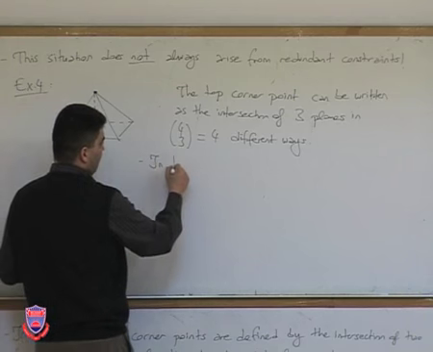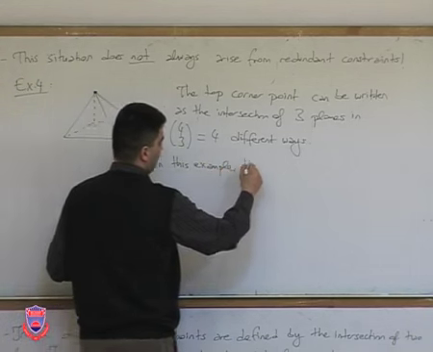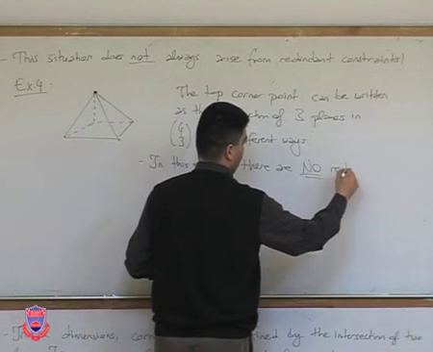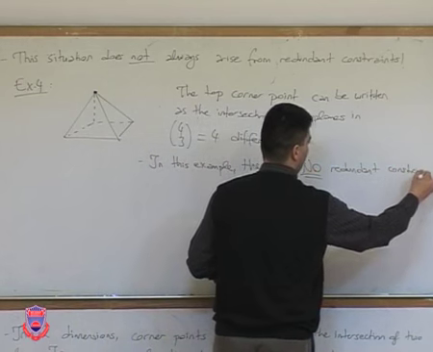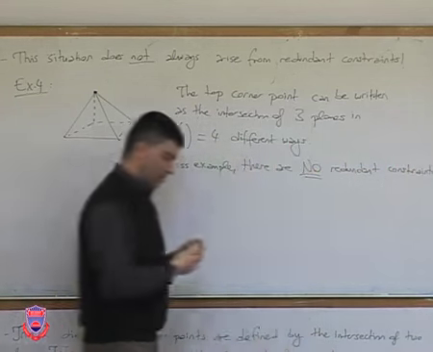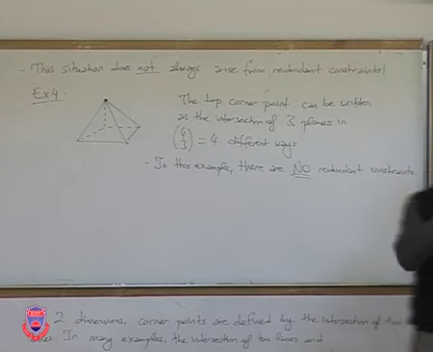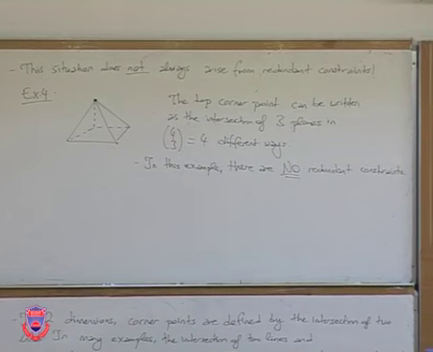So as I said, in this example, there are no redundant constraints. Okay? So as a result, such situations do not always arise from redundant constraints. So this example illustrates that.